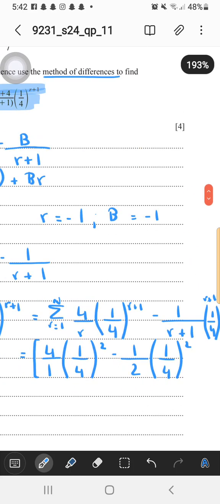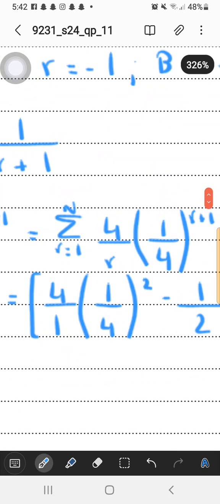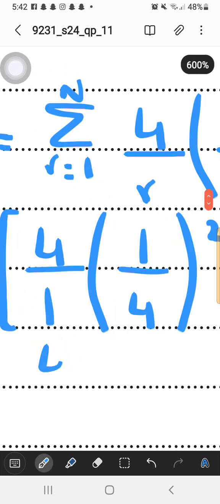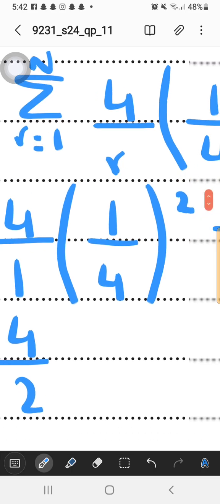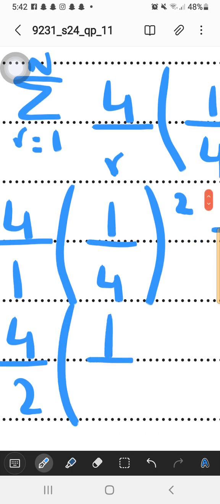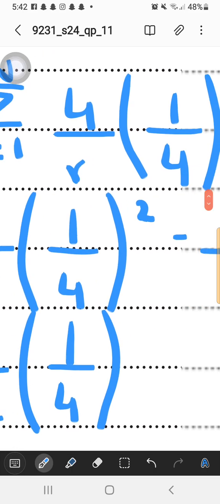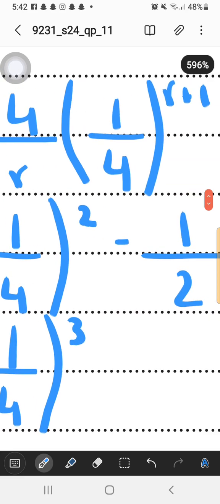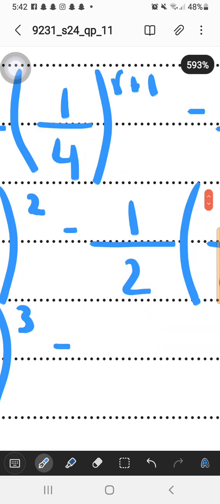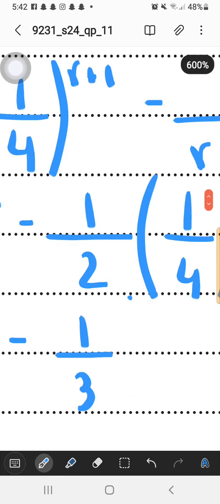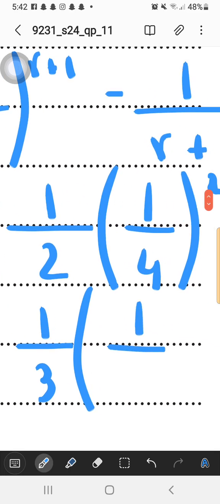Then here it will be 4 upon 2, 1 upon 4 with power 2 plus 1, which is 3, and minus 1 upon 3, 1 upon 4 power 3.